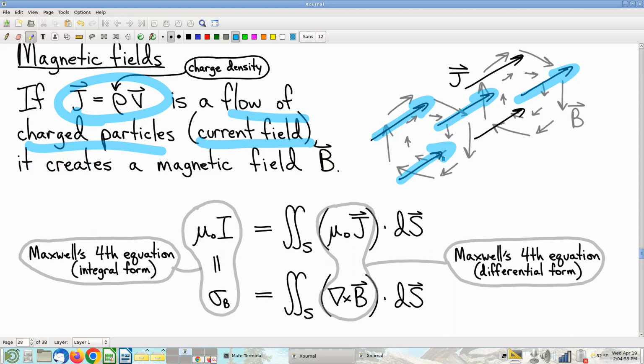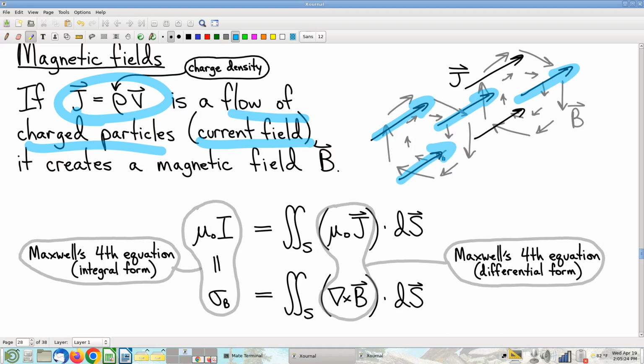When we talk about current, typically all the movement of the electrons is inside of that wire. But there's no reason that you have to confine our consideration to wires. We can have charged particles flowing every which way. They are, after all, little particles. We can think of them as flowing as a fluid. So that's all the current field is, just a vector field representing the flow of charged particles.